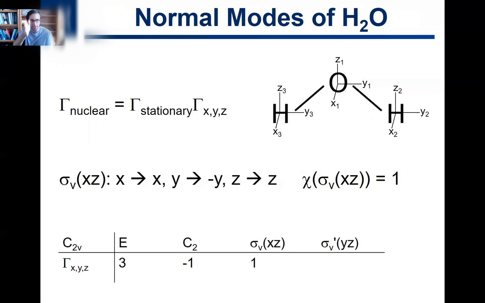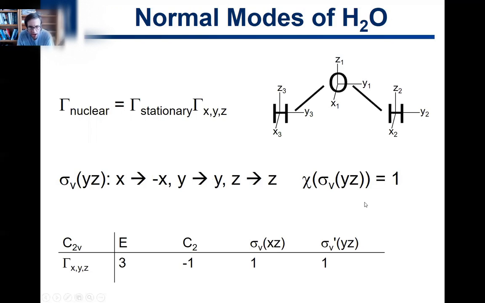Keep going, go to XZ. XZ, that's a mirror plane like this if your molecule's here. It's a plane right in here, okay? And so any vector that's in the XZ plane is not going to change. So X goes to X, Z goes to Z. But Y is on one side of that mirror plane, so it's going to flip to the other side. Y goes to minus Y. So you have 1 plus -1 plus 1 gives you 1.